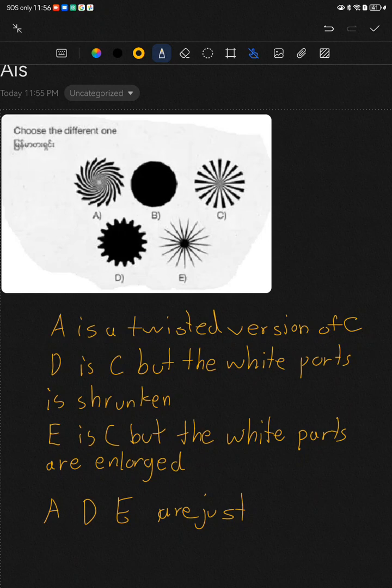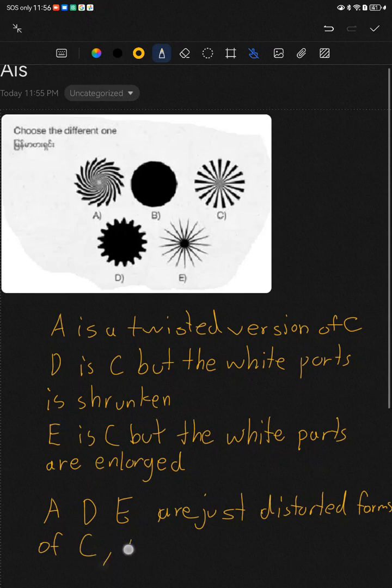You can look that up in the dictionary. But B is a complete transformation. Okay, you get the point. I'm not going to write it anymore.